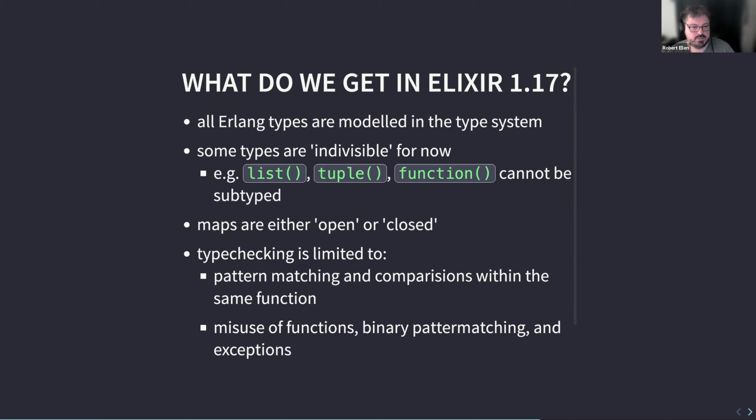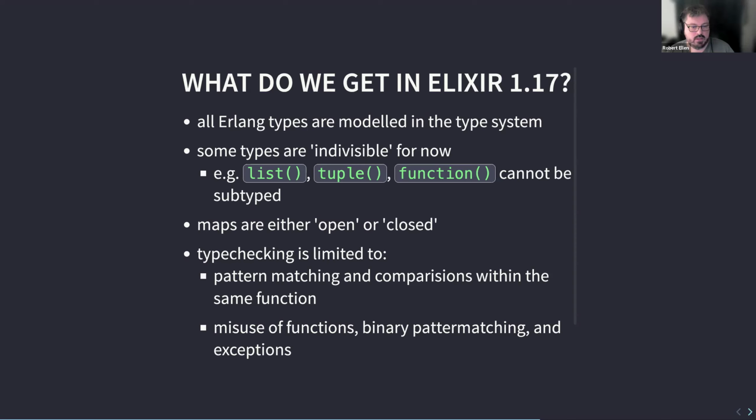So all lists, no matter what they contain, are all of type list. All tuples are just tuple, and all functions are just function. So there's no distinguishing lists that contain different types of elements or different numbers of elements, or same with tuples. And there's no distinguishing functions that have different return types, take different arguments, and have different arities. They're all the same.